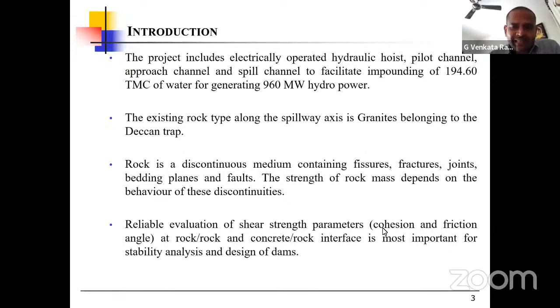That's why there is a need for a dam, as well as for disposing excess water whenever there are floods. Recently there were a lot of floods, and you can see some pictures now. That excess water has to be disposed of safely without any damage. For that purpose, design parameters are required.